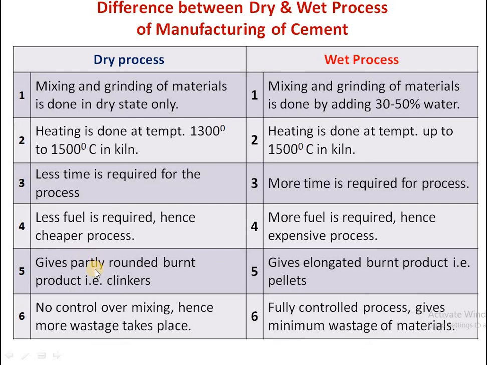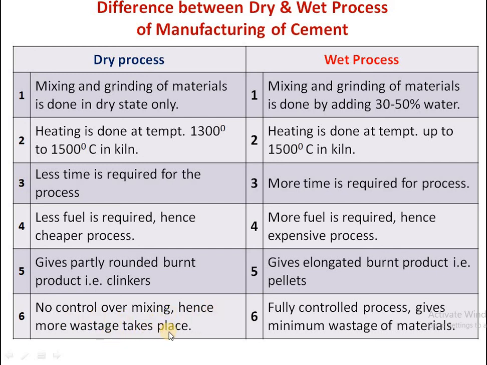Then in the dry process, the burnt products formed are partly rounded in shape, and are called clinkers. But in the wet process, rounded products are not formed, but they are elongated in nature and are called pellets. And in the dry process, there is no control over mixing, hence more wastage may take place.